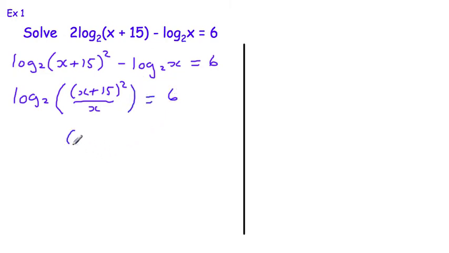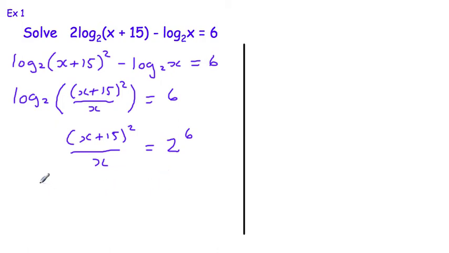And that means that (x plus 15) squared divided by x is equal to 2 to the power 6, because the logarithm of that expresses it as a power of 2.